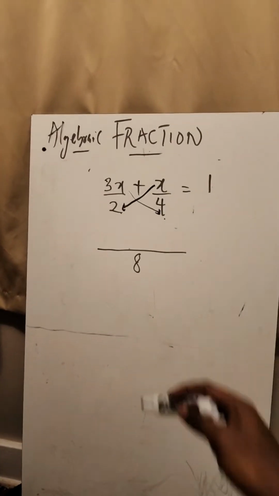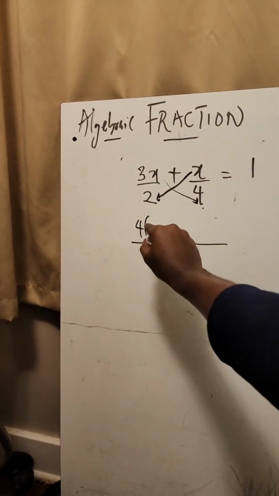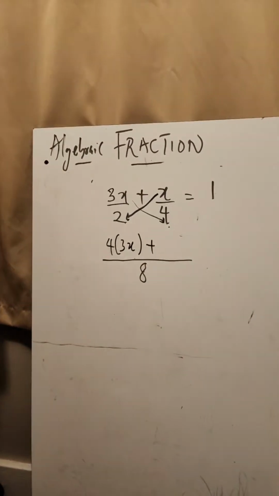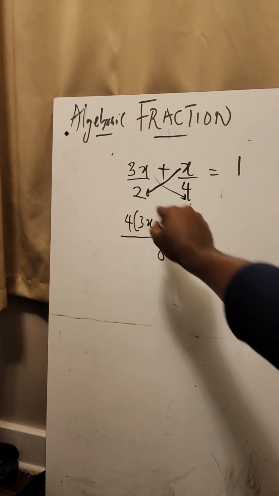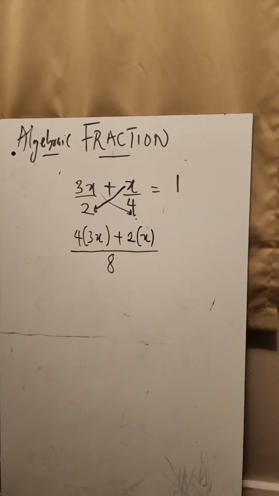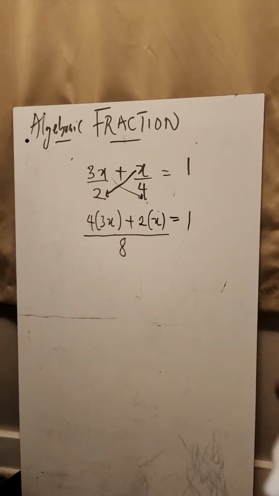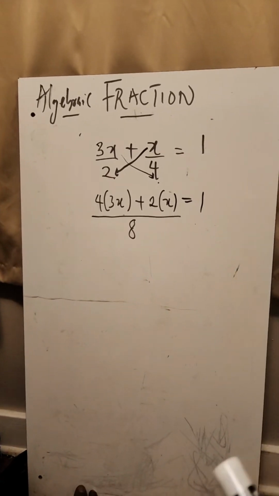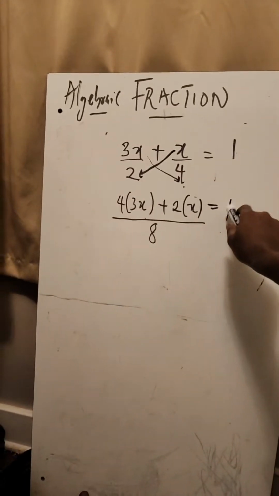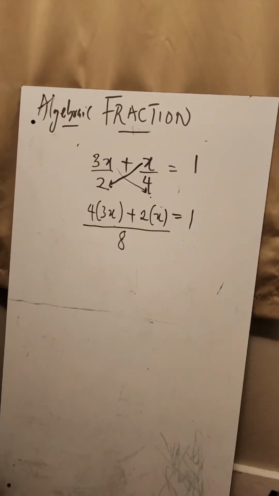So we have 4 multiplying 3x plus 2 multiplying x equals 1. Compared with the previous example, the only thing changing is the equation. So this is an equation involving the algebraic fraction.